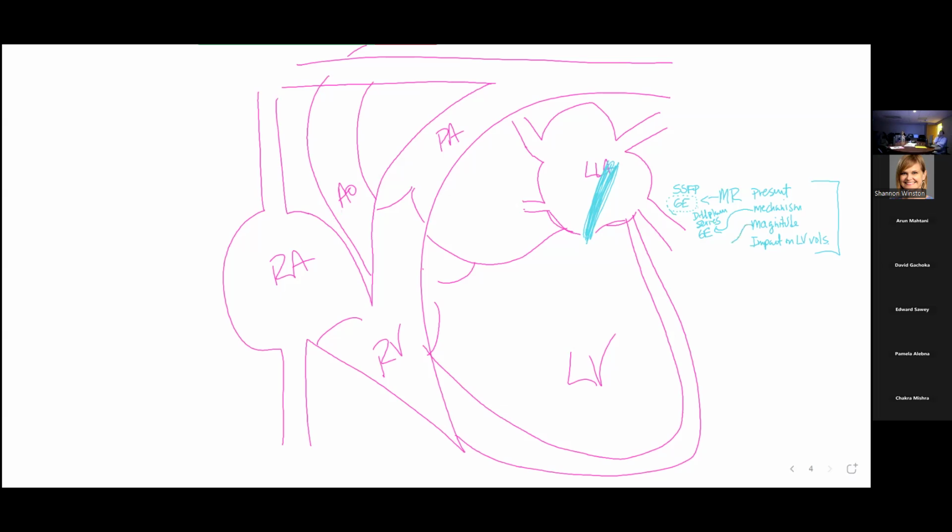Then here, we want to know the magnitude. Well, that's where you come to the rescue with your flow measurement techniques. There's two ways that you can determine the magnitude. One would be to put an imaging slice right here across the mitral valve and measure through plane flow.